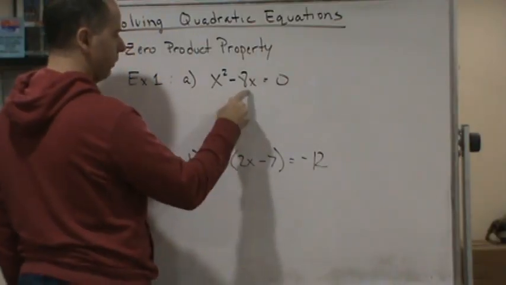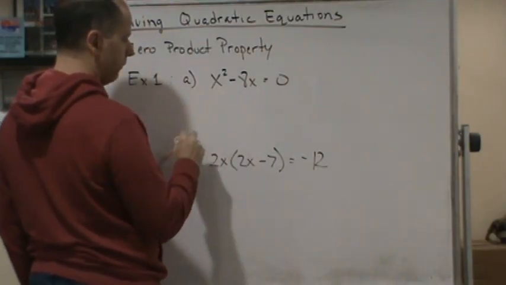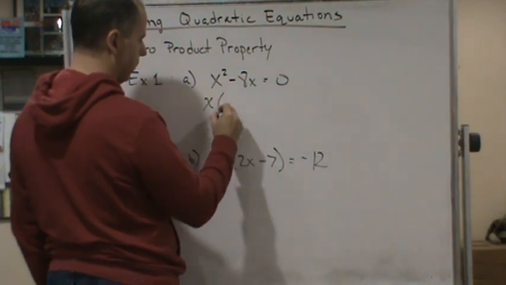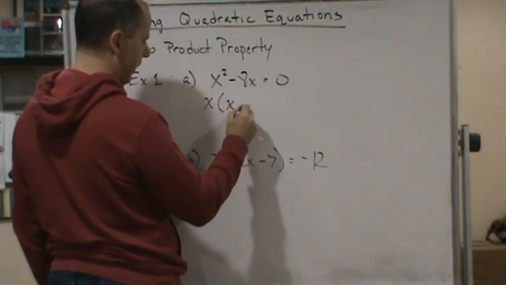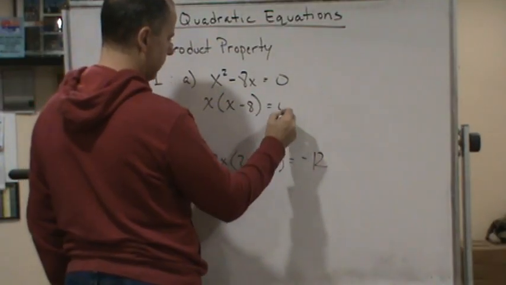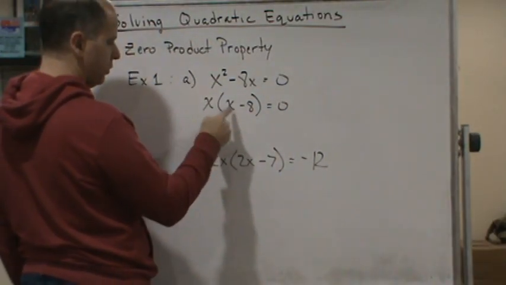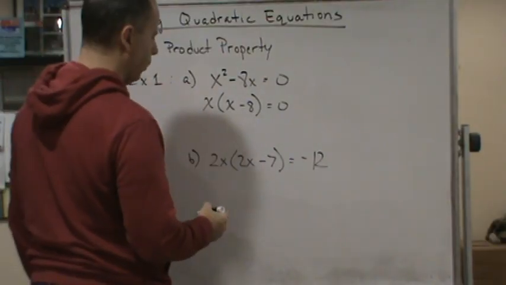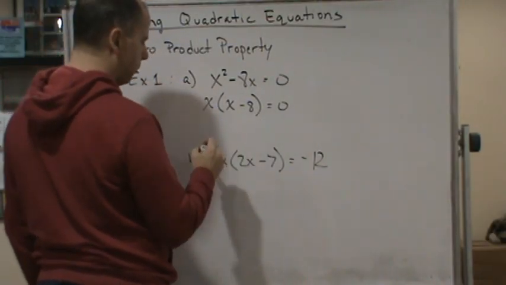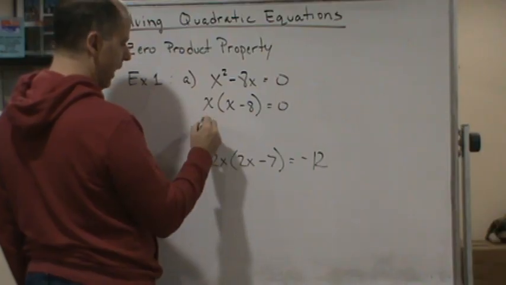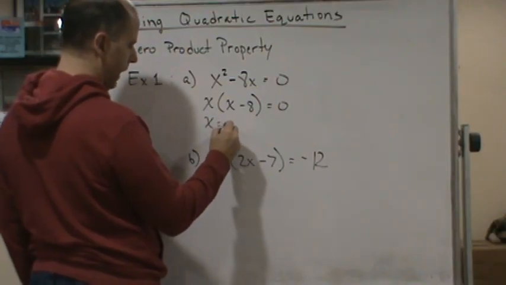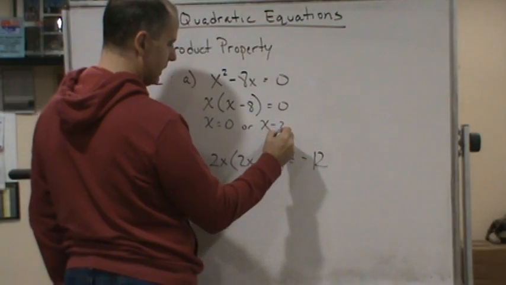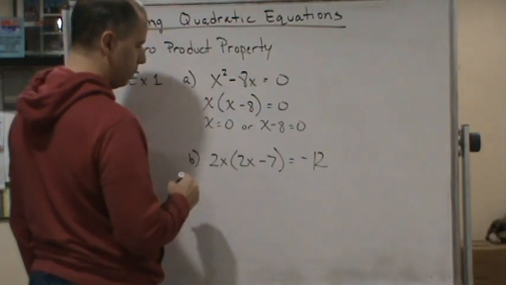And so the only thing we do is factor out a greatest common factor here. So we're going to factor out x. And so this is going to give us x times (x minus 8) is equal to 0. Now we have a product of two factors, right? So now what this means is if we use the zero product principle, this means either this factor is equal to 0, so either x is equal to 0, or x minus 8 is equal to 0.